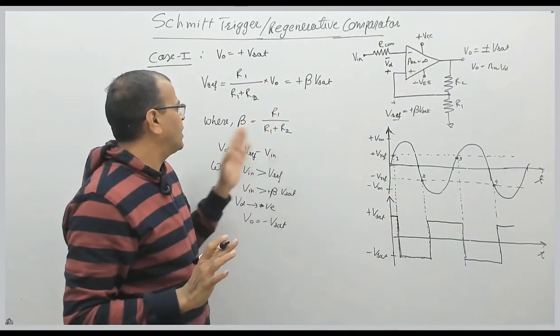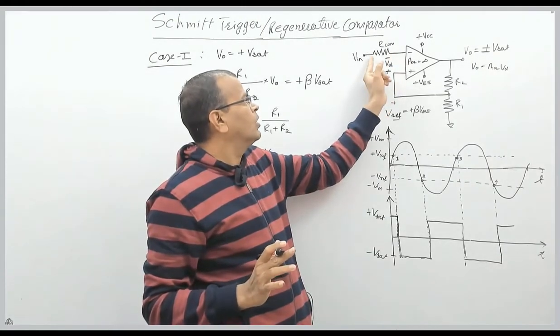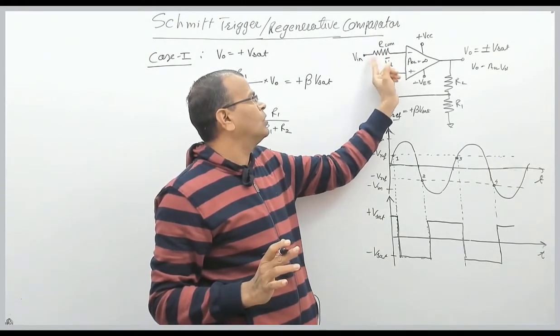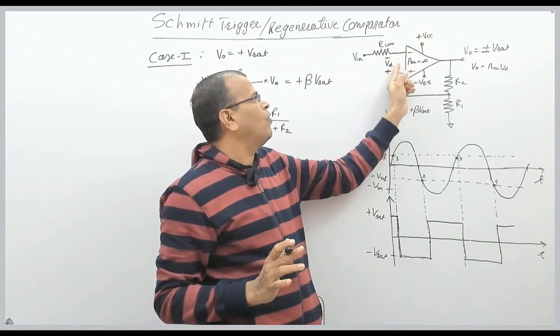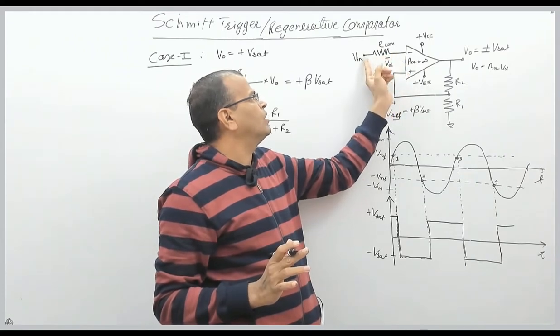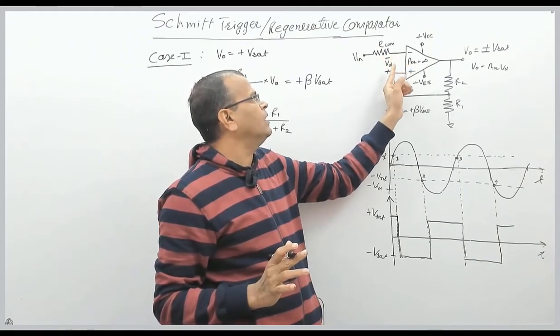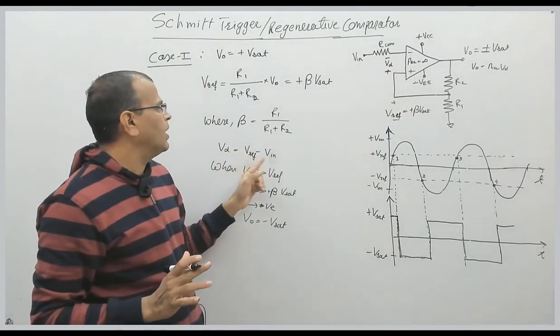Come to this point now. Vd is nothing but this voltage minus this voltage. Drop across this resistance is 0, because ideally current in inverting and non-inverting terminal of op-amp is 0. So whatever is voltage here, same voltage is here. So Vd is Vref minus Vin.